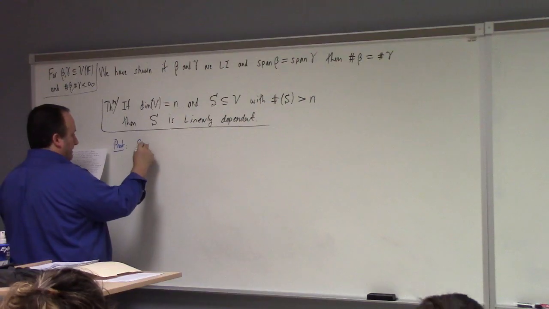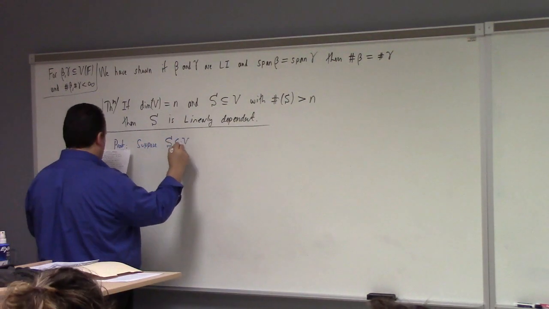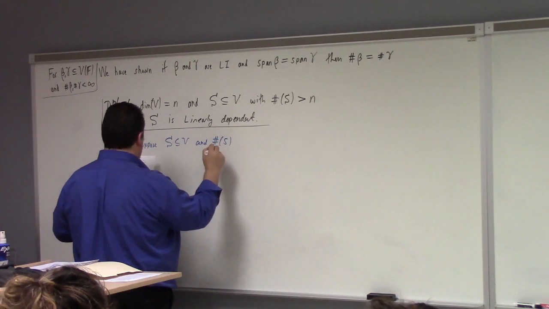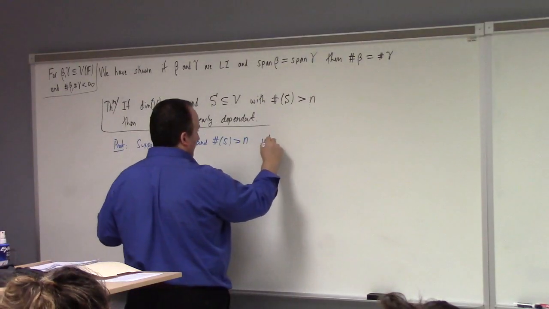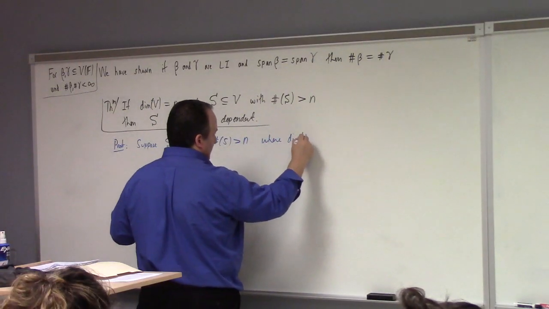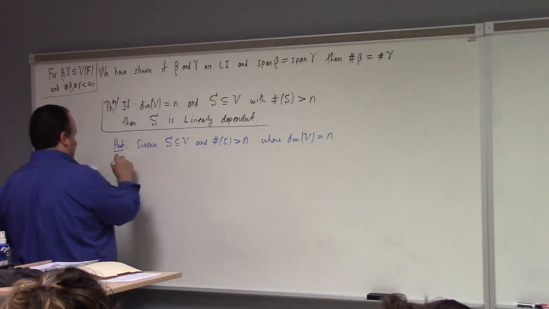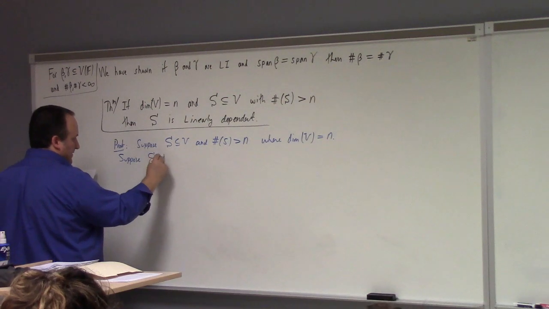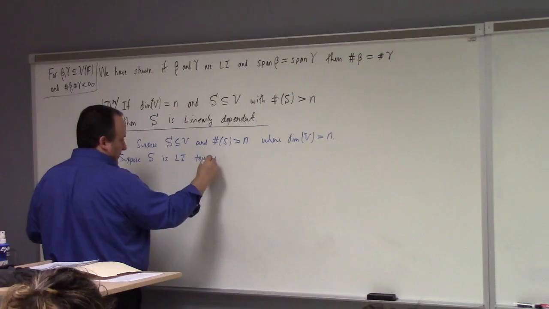Suppose S is a subset of V, and the number of things in S is greater than n, where the dimension of V is equal to n. And then let's suppose S is linearly independent towards a contradiction, right?